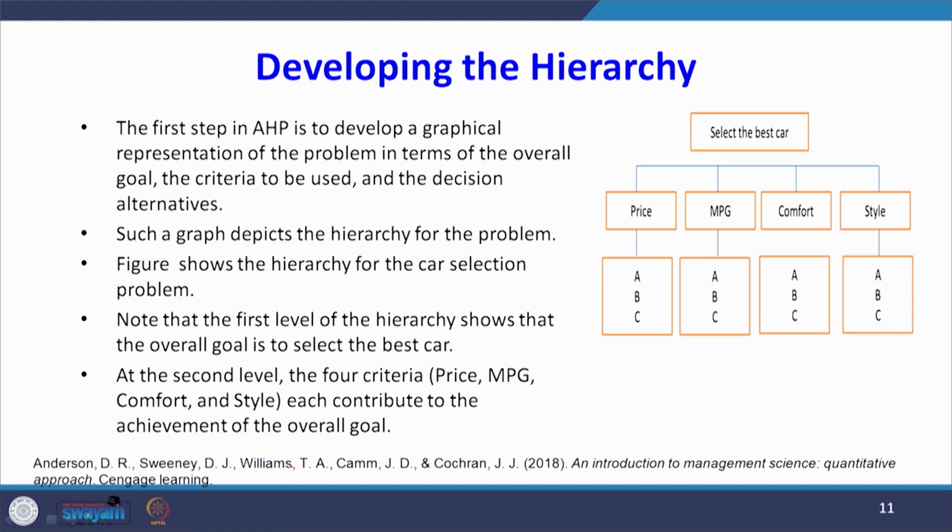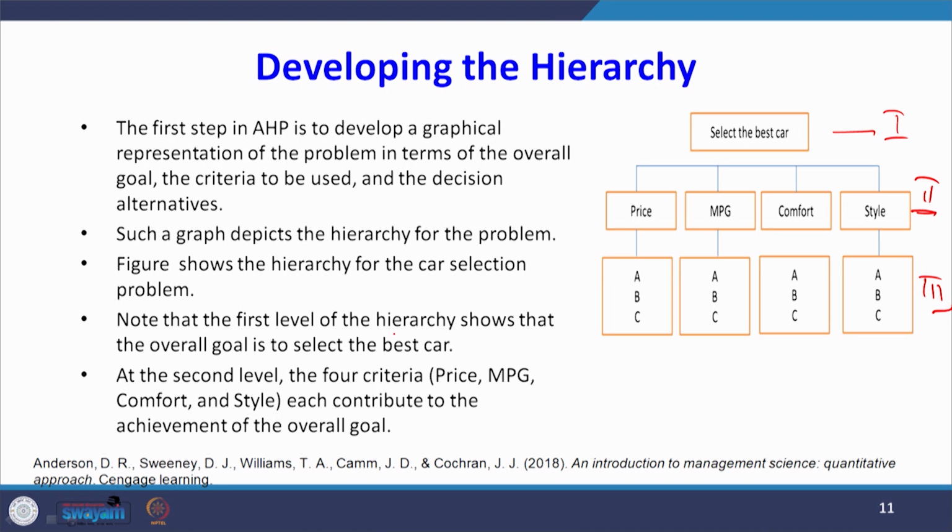The first step in AHP is to develop a graphical representation of the problem in terms of the overall goal, the criteria to be considered and the decision alternatives. Such a graph depicts the hierarchy for the problem. Look at the right hand side, you can see there are different levels: hierarchy 1, hierarchy 2, hierarchy 3.